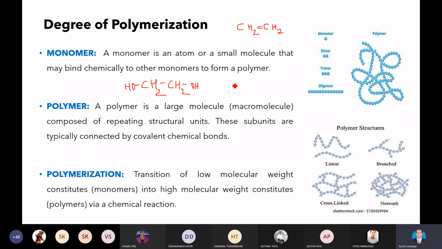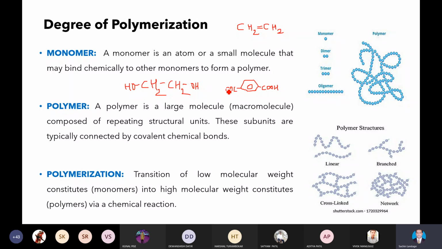And terephthalic acid, this is the benzene ring to which the carboxyl groups are attached.